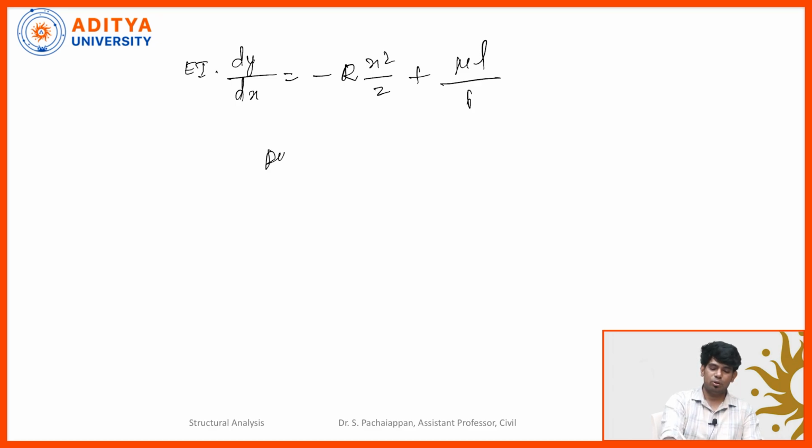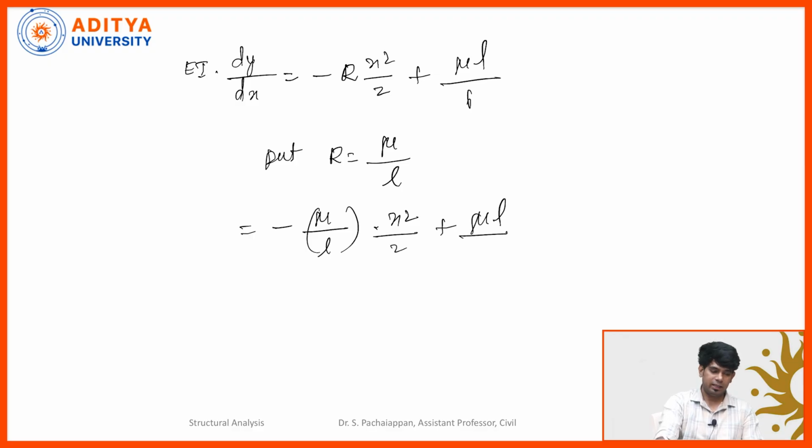I am going to put R is equal to mu by L in this equation. So equal to minus of mu by L into x square by 2 plus mu L by 6.